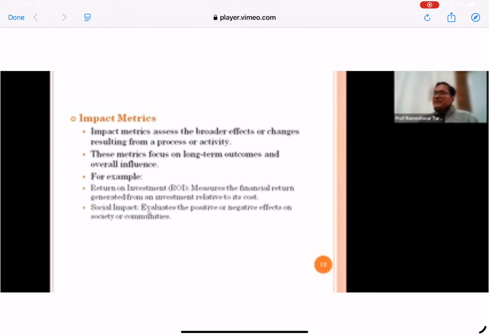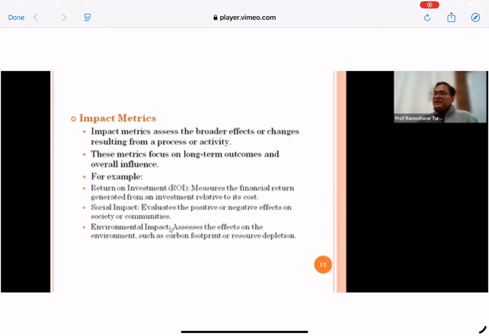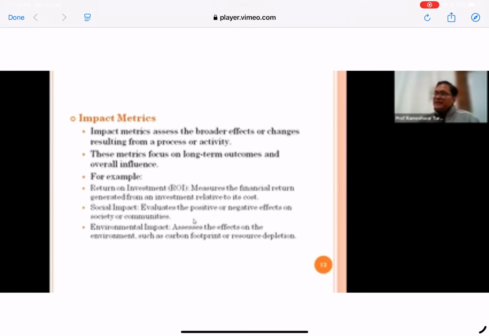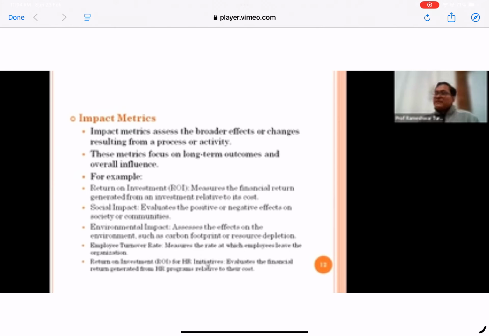Social impact evaluates positive or negative effects on society or community. Environmental impact, financial impact, social impact, all such measures are impact metrics. In companies, employee turnover rate measures the rate at which employees leave the organization. Return on investment for HR initiatives is an impact related metric. Diversity and inclusion, the percentage of diversity of people, is also an impact related metric.